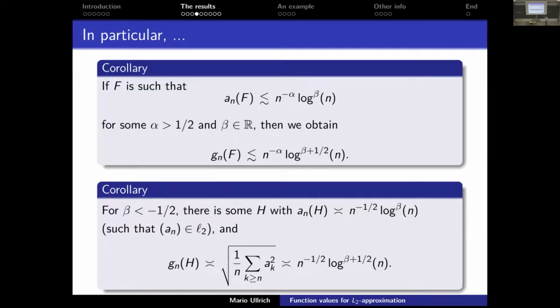So even with the logarithmic precision, where alpha is larger than 1/2 and beta is arbitrary, so this sequence is in L2, then we get that you can basically do the same with function values. The only thing you lose is some square root of log n here. Right? And for applications, you maybe don't care about square roots of logs. So this basically means function values are as good as approximation numbers if you already know that the approximation numbers decay fast enough.